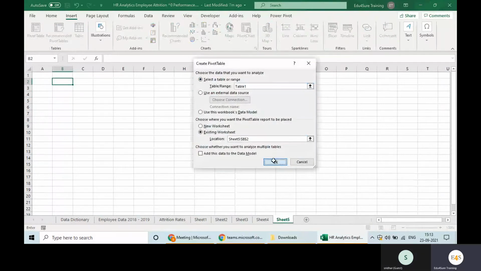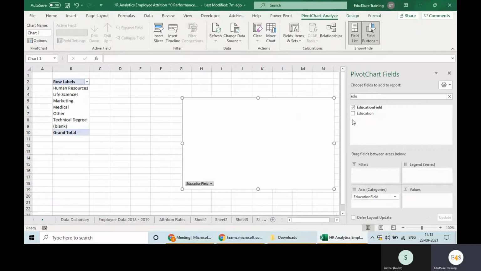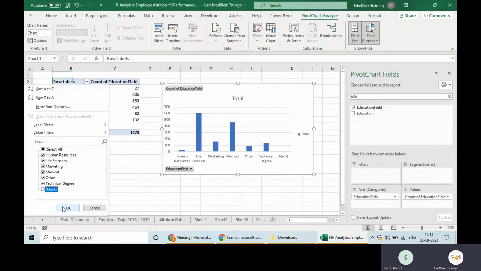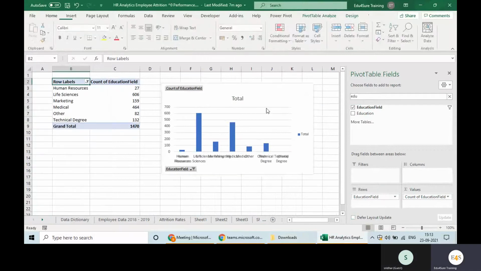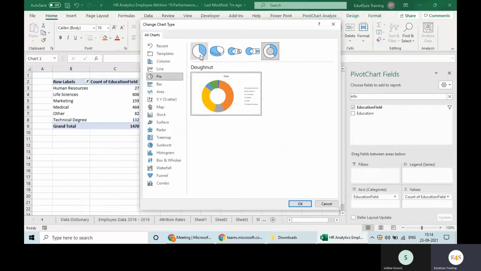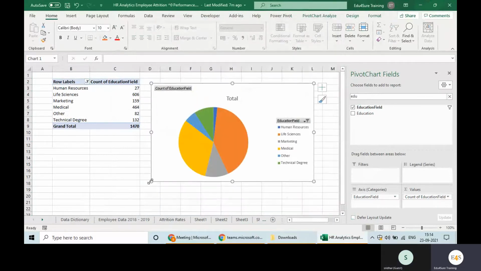I am taking education field and the count for the same. And we can change it to pie also. So change chart type, and we will take pie like this, or this. So donut or pie, whatever you want, you can create like this.